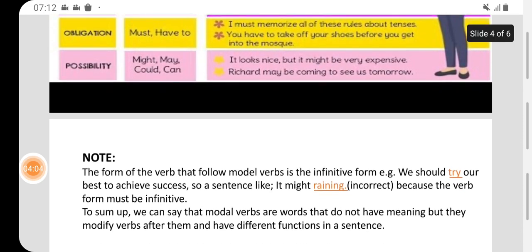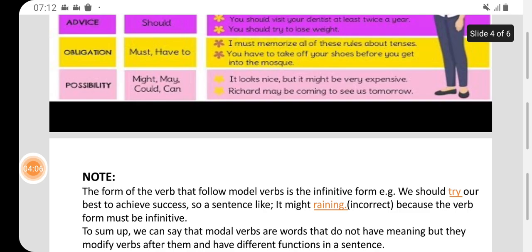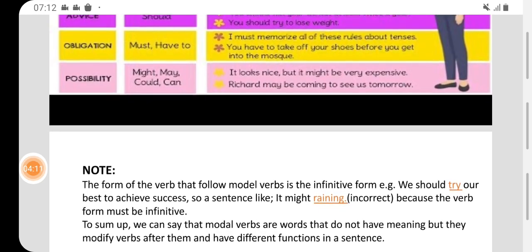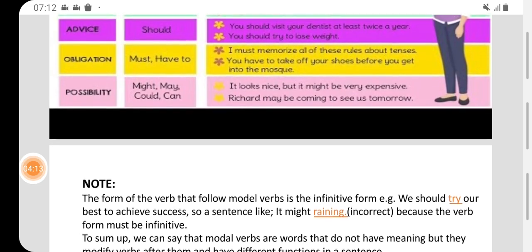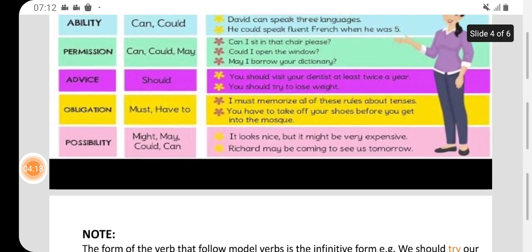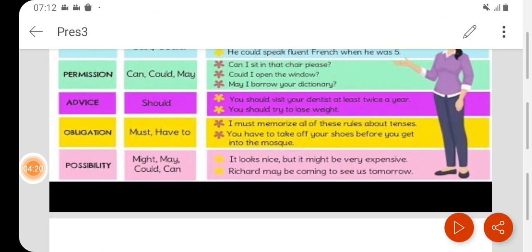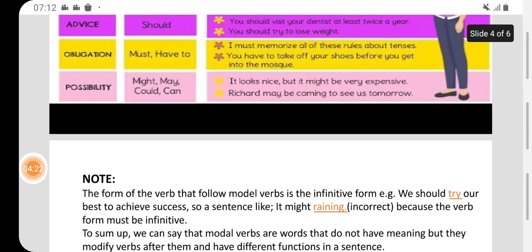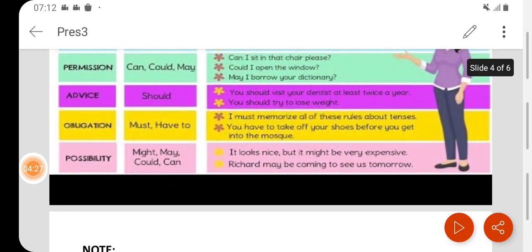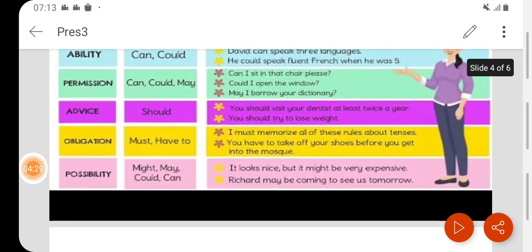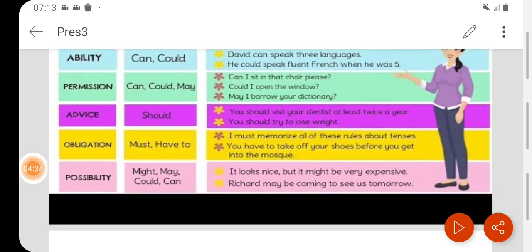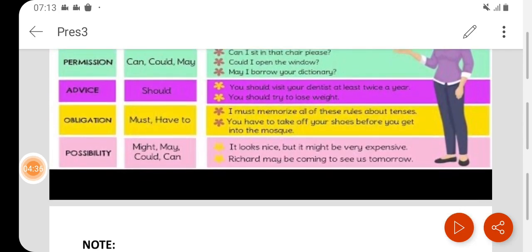Possibility. For possibility, we have might, may, could, and can. And you can realize that the modal verbs can function in different contexts, and they can express different types. So the same may and might can be used for possibility as well as could and can that we used in abilities and permission.